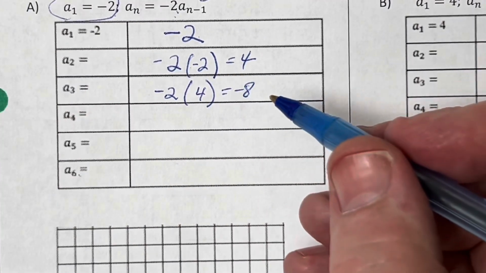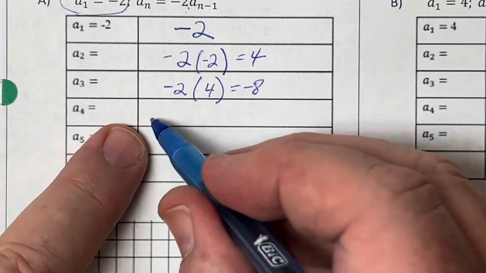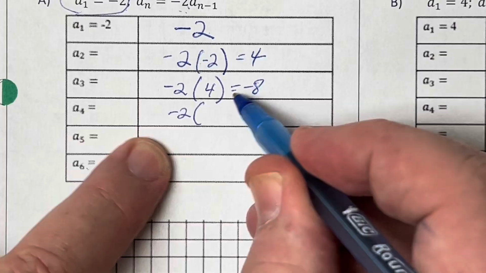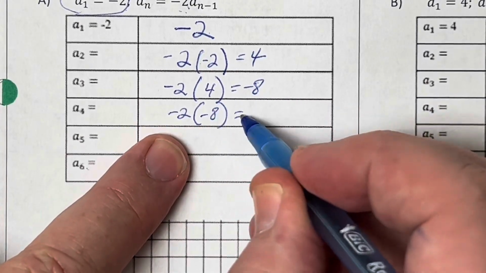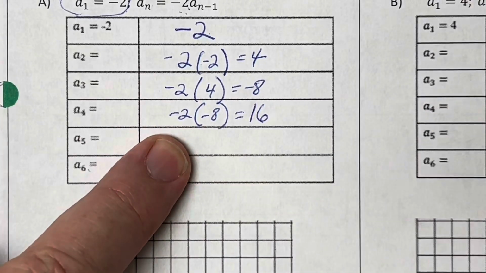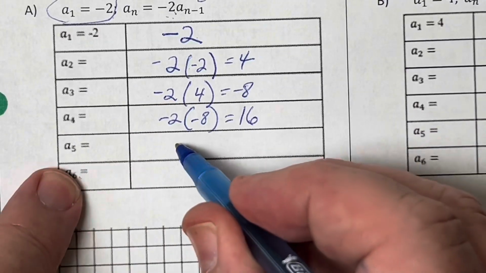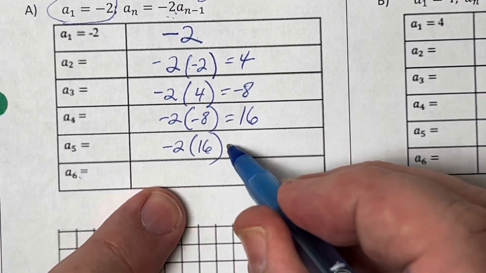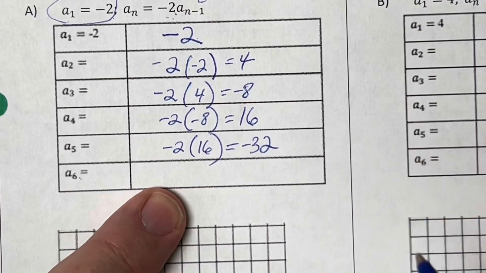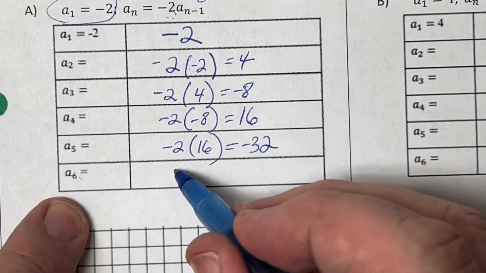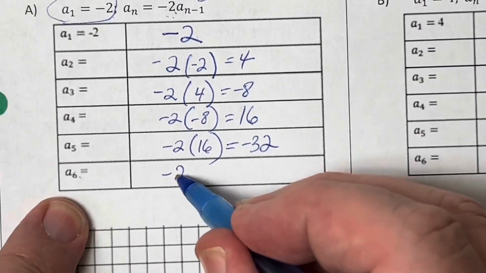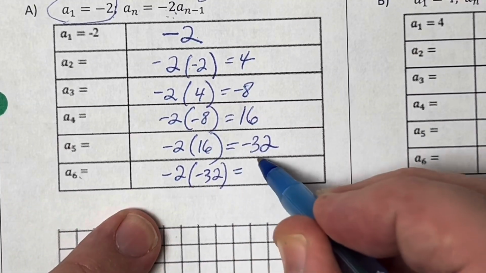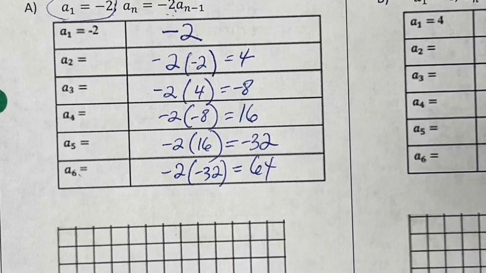So that's -8. Fourth term, -2 times the previous term, -8, so that's 16. Fifth term, -2 times the previous term of 16, so that's -32. And then the sixth term, -2 times the previous term, -32, which is positive 64.